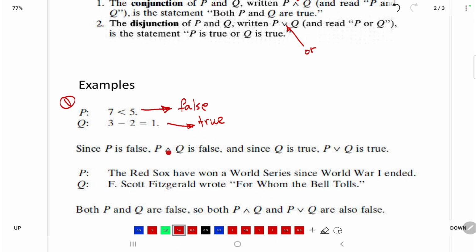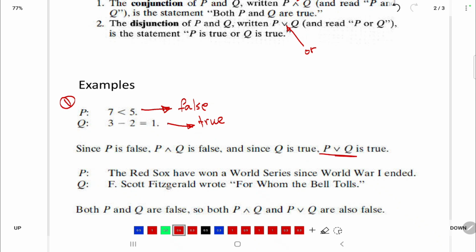So P and Q is false. Why? Because we say P and Q, they must be both true in order for the result to be true. Now, as long as P is false, Q is true, then P and Q is false. And since Q is true, P or Q is true.